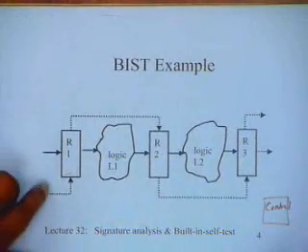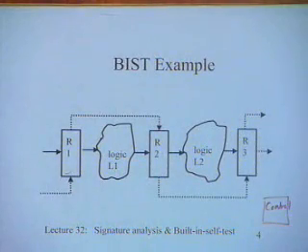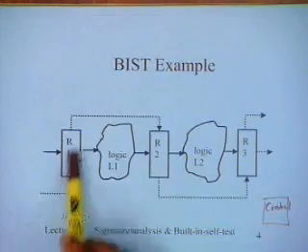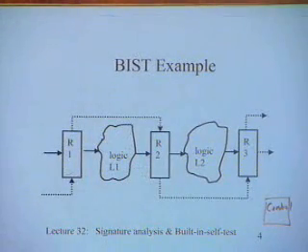The amount of memory required will be smaller, but I still have to store the signatures for the correct operation of the circuit, and then perform this control and test out the signatures against these to declare that the circuit is functioning fine. Those are, let us say, the overheads in terms of additional area, control as well as the results.